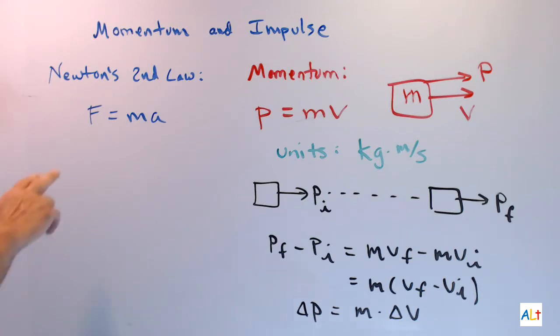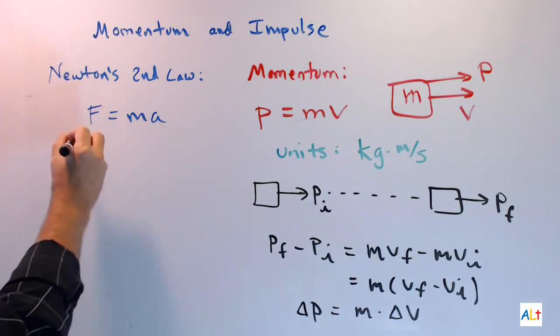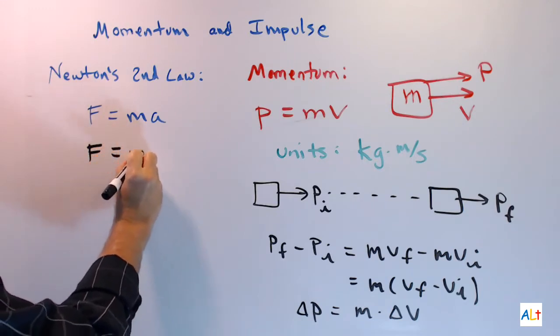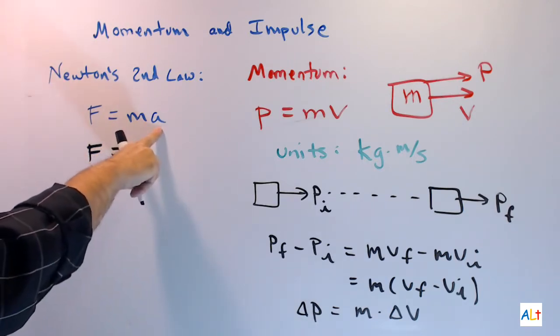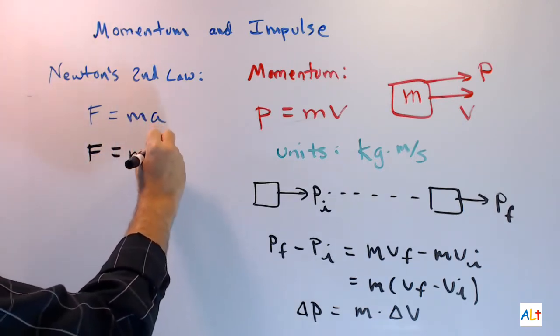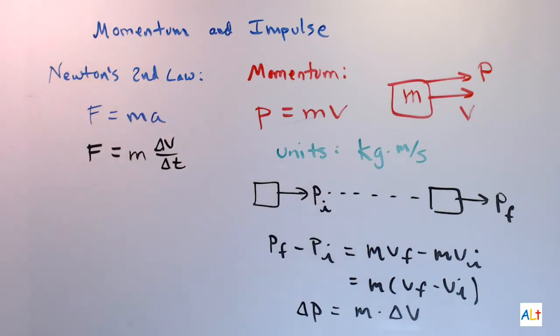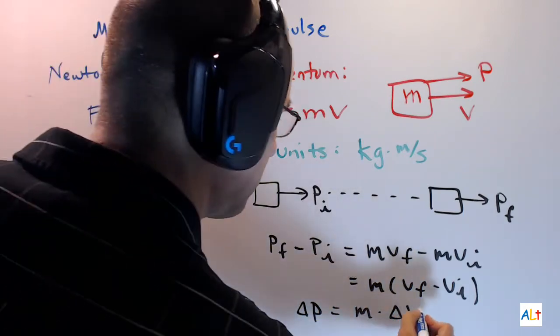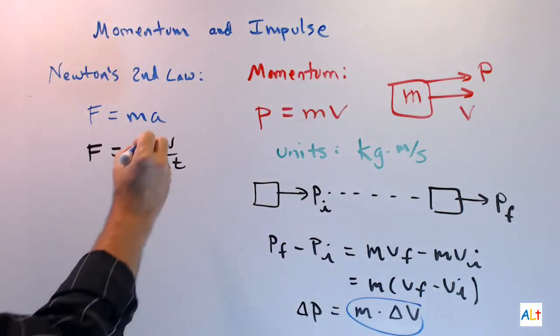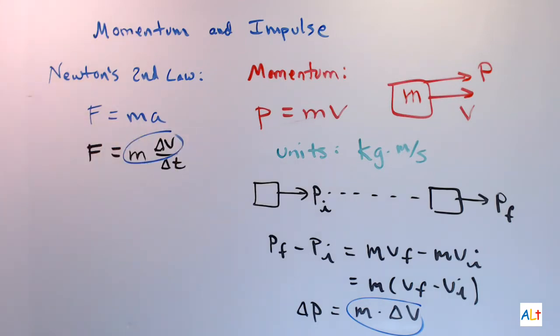What good is that, do you suppose? Well, let's take a look at Newton's second law. Acceleration, of course, is the rate of change of velocity, which is the change in velocity divided by the change in time. I hope you see where I'm going with this. We have a perfect match between this expression and that.